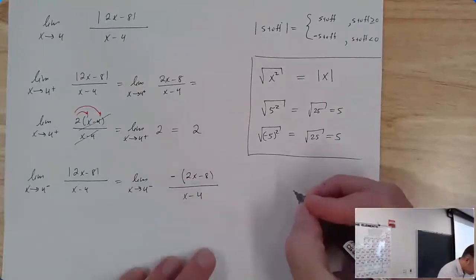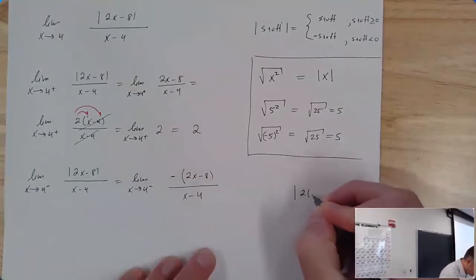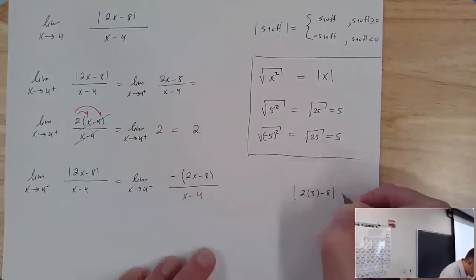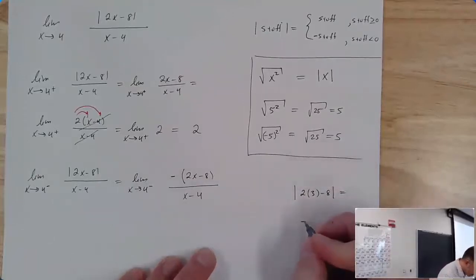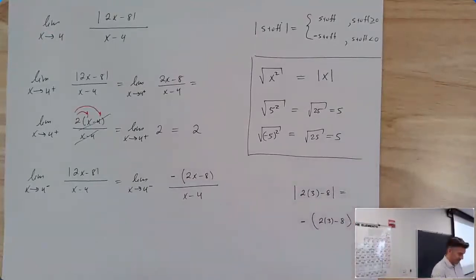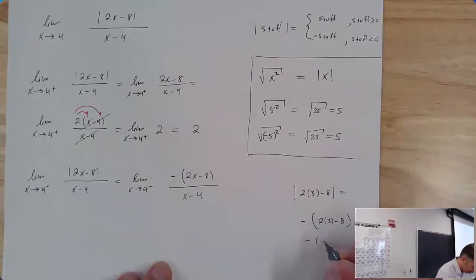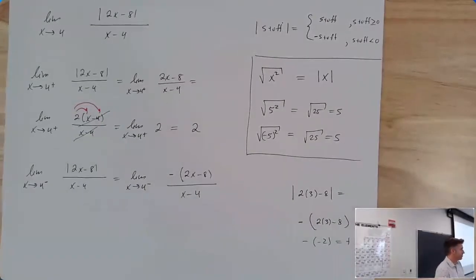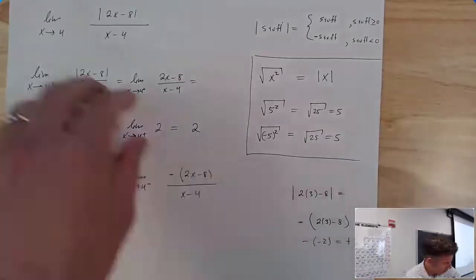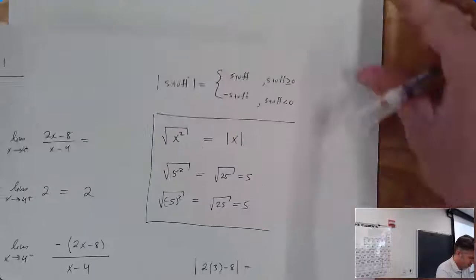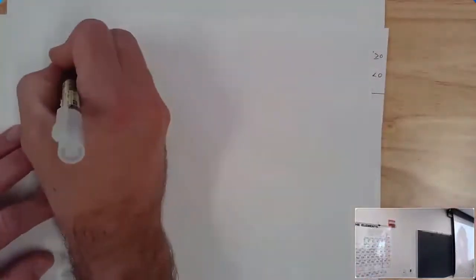So, right, the absolute value of 2 times 3 minus 8 is -(2 times 3 minus 8). So I'm taking that negative outside and making it positive. If this seems a little weird, let me remind you what the absolute value function looks like.